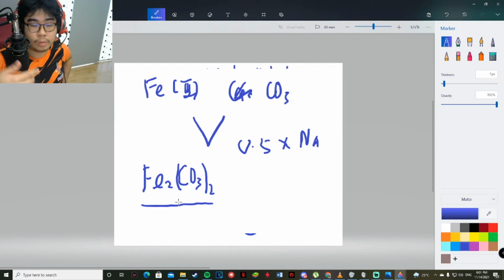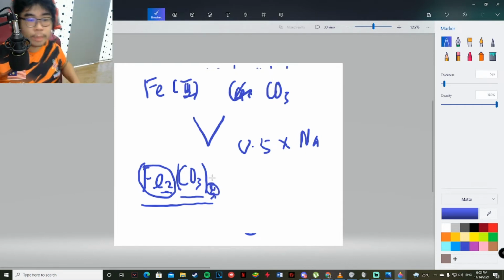If you are about to calculate the number of atoms, you need to know that Fe2 contains 2 atoms, and CO3 contains 3 atoms as well.